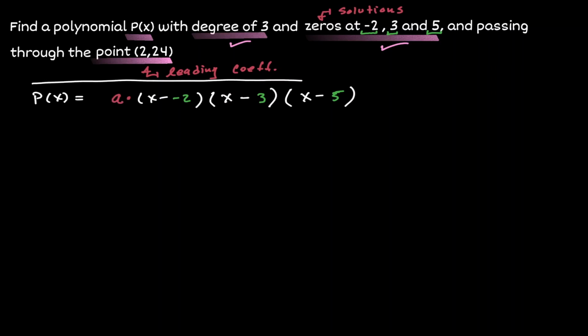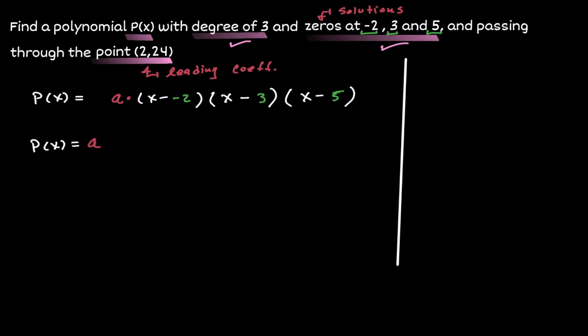So this polynomial that we have here will fulfill these 3 conditions. The only thing that we need to think of is, how do we find the proper value of the leading coefficient? Well, let's rewrite our polynomial. Minus and a minus, that's a plus. And remember that this leading coefficient is multiplying.